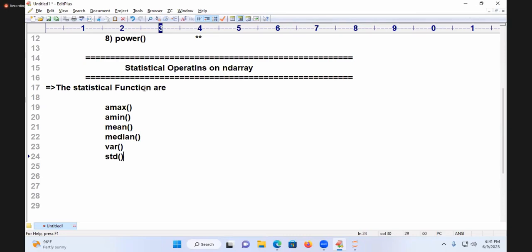So A max of, A min of, mean of, median of, variance of, STD of. Read out once. All those things we'll discuss here.